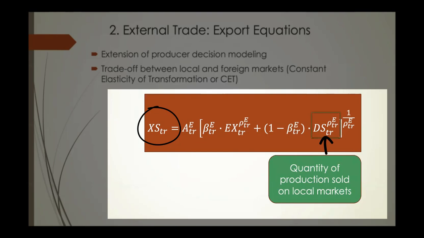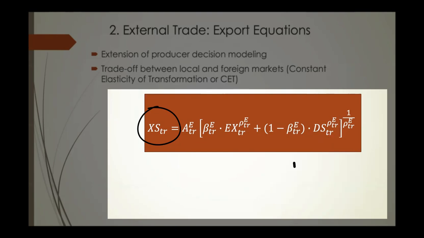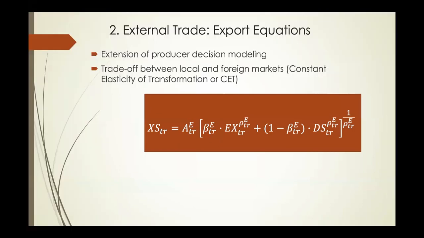The constant elasticity of transformation, CET, is used to specify this trade-off with parameters A, the scale parameter, beta, the share parameter, and rho, the parameter related to the elasticity of transformation.